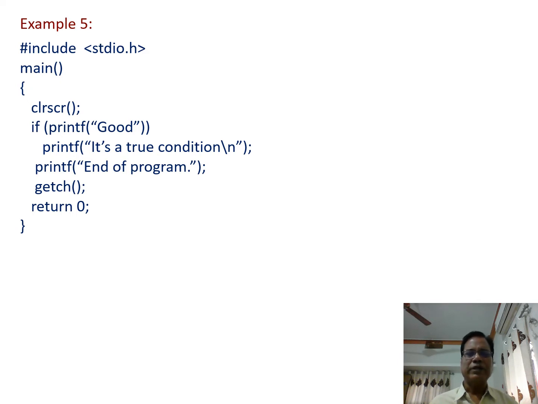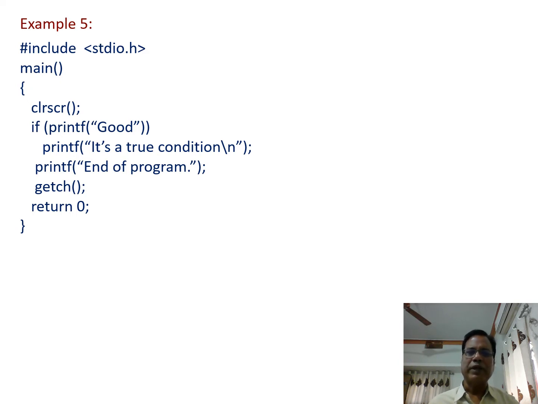So printf function, as it is printing the 4 characters, so this will return 4. So depending on the return value, condition is going to be true or false. So as it is returning 4, 4 is non-zero value. So condition is true. Naturally, condition is true means printf, it's a true condition.